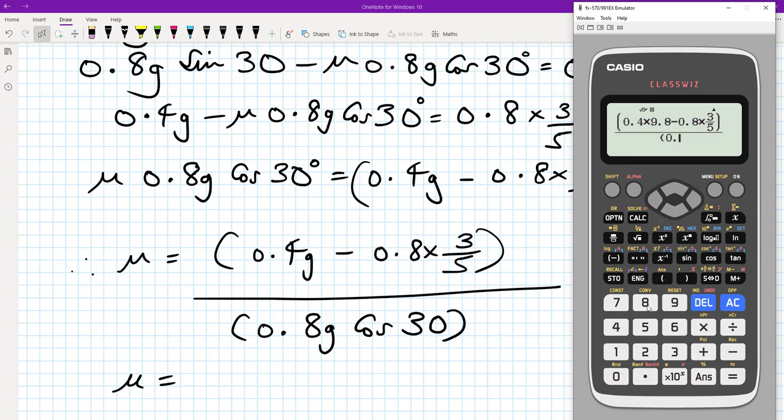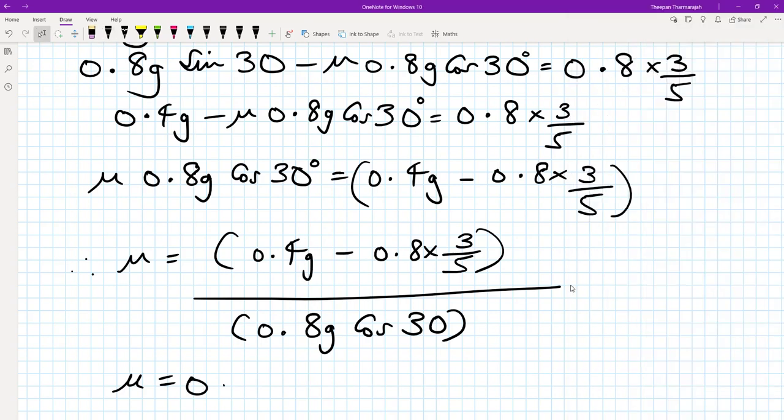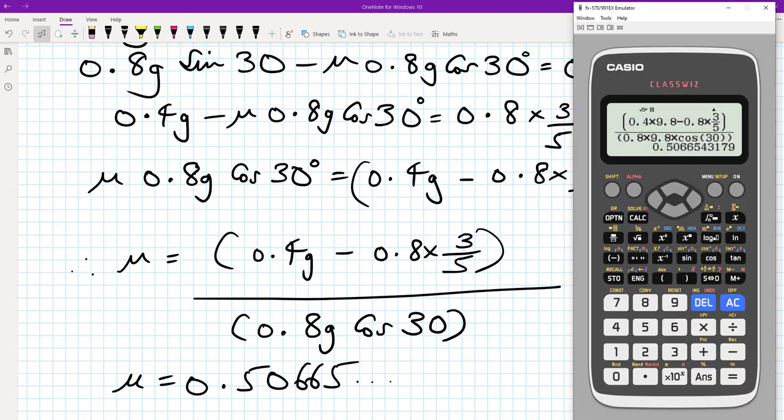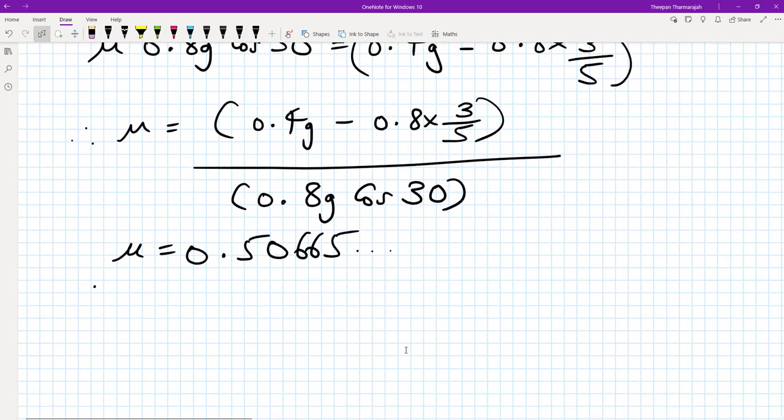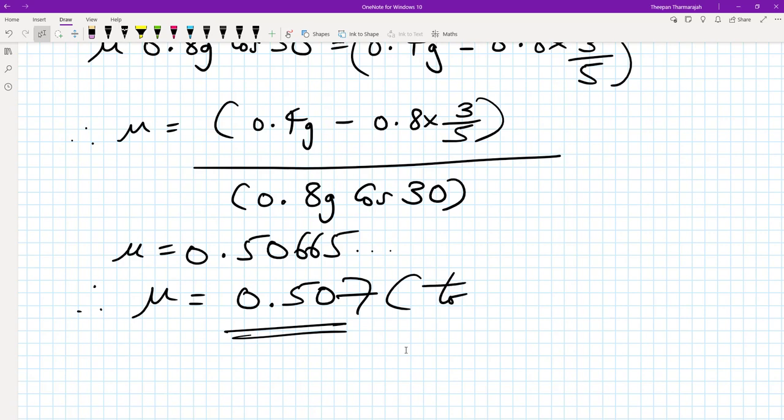And then on the denominator we get 0.8 times 9.8 times cos of 30. And that will give me 0.5066 and so on. So I'm going to round that to 3 significant figures. So therefore, mu is 0.507, correct to 3 significant figures.